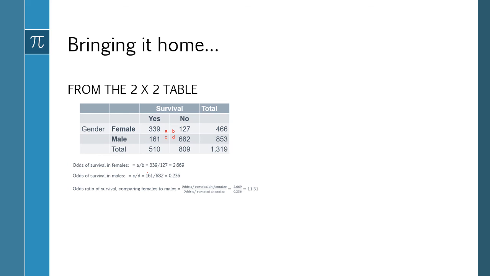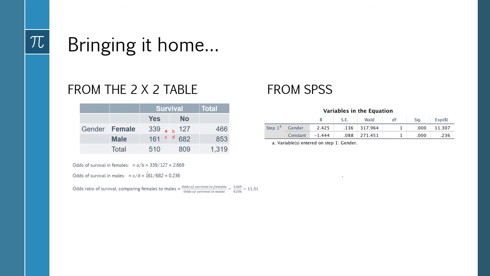That's the odds ratio. From SPSS, we also get this table. Exponential beta is 11.307. So again, that's the odds ratio of survival comparing females to males. And that's exactly that same number, 11.307. Okay, they're both the same.